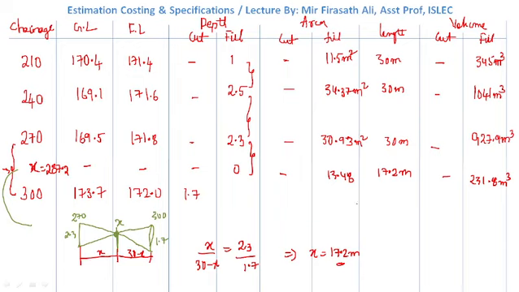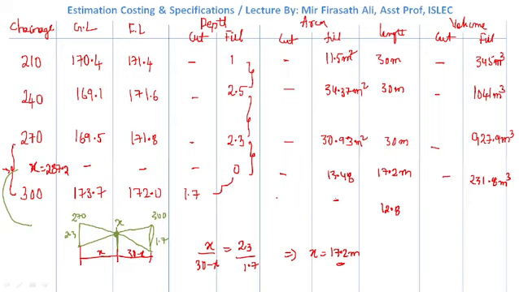Similarly, over here the remaining length becomes 30 minus 17.2, so the length will be 12.8 for our last station, that is 300. The depth is again 0 and 1.7.